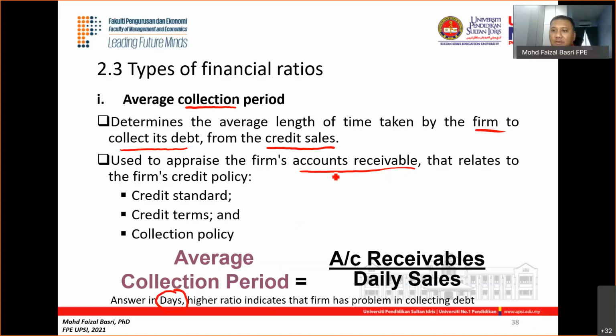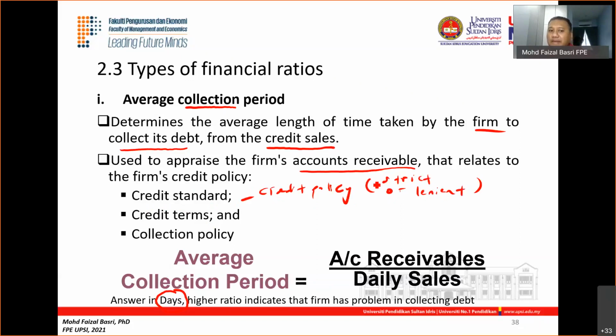So the size of account receivable will depend on three factors. First is the credit standard, which is how the company sets their credit policy, whether it's strict or lenient.